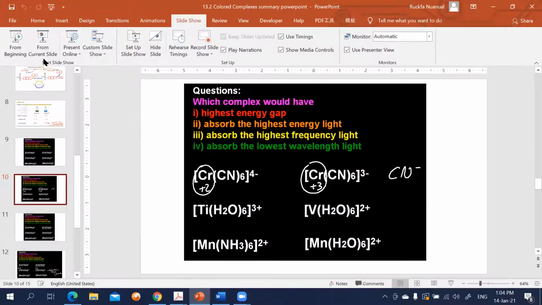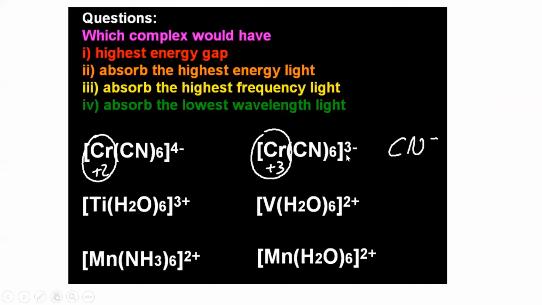So coming back to this one, if these are all CN minus, 6 times that is 6 minus. That means to get an overall charge of 3 minus, this chromium will have to be 3+, right? Because 3 minus 6 minus is 3 minus. On this complex, I have an overall charge for the complex ion as 4 minus. That means that this has to be a 2+ because 2 minus 6 is -4 or 4 minus.